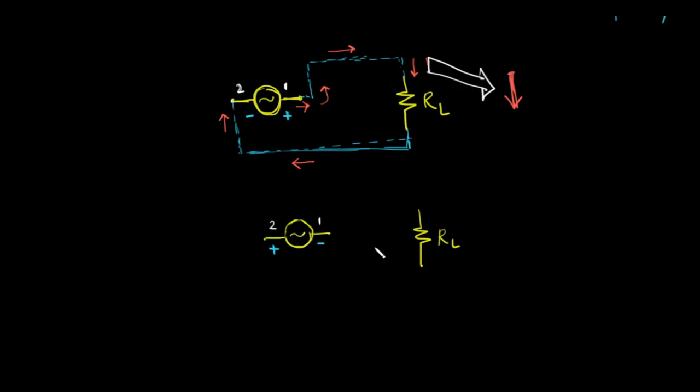Well, it's actually quite simple. Since terminal 2 is more positive than terminal 1, the voltage source will try to supply current in this direction.